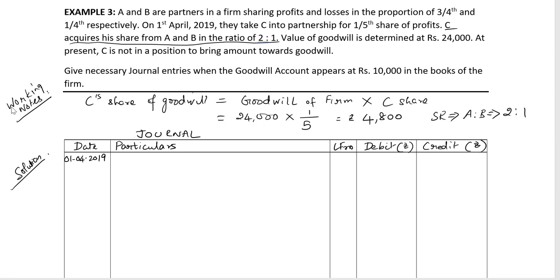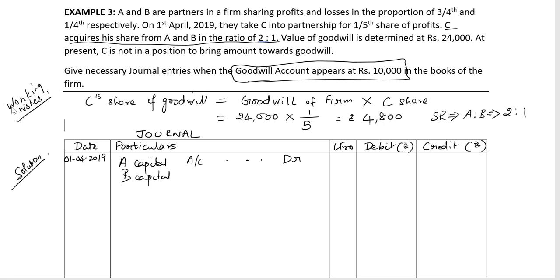It says here that goodwill account appears in the books at rupees 10,000. So we need to write off this goodwill among the old partners A and B in their OPSR, which is 3:1. So we have A capital account debit, B capital account debit, to goodwill account.